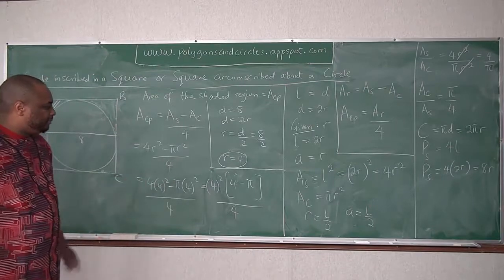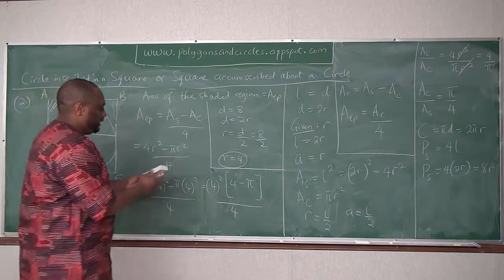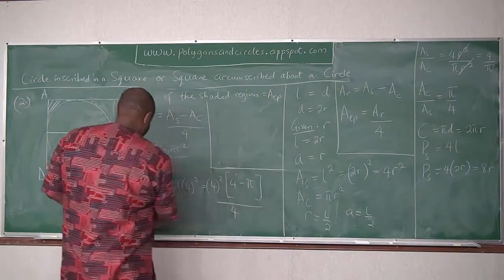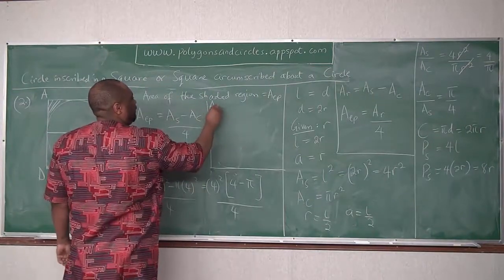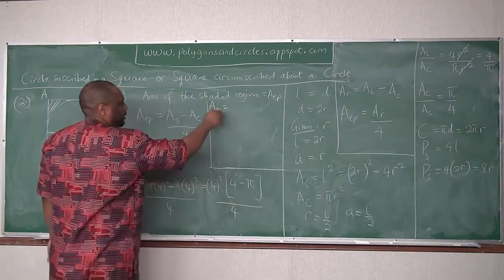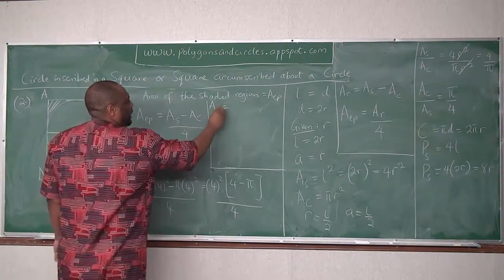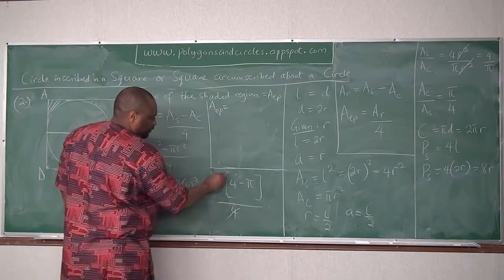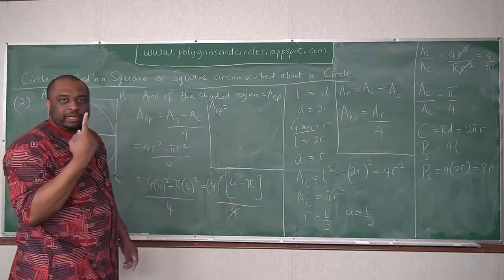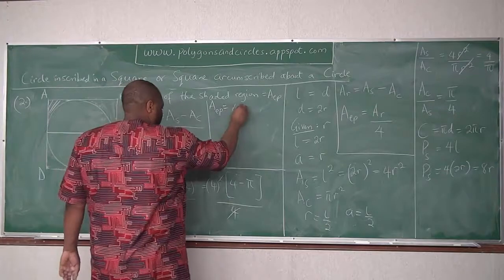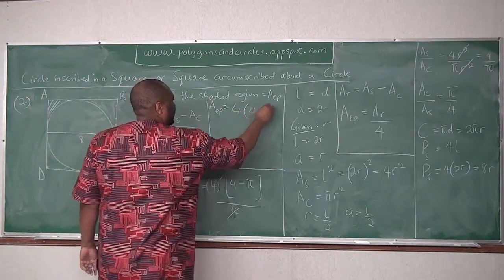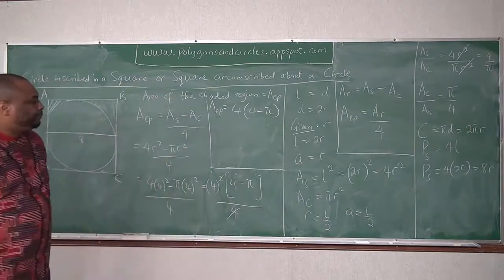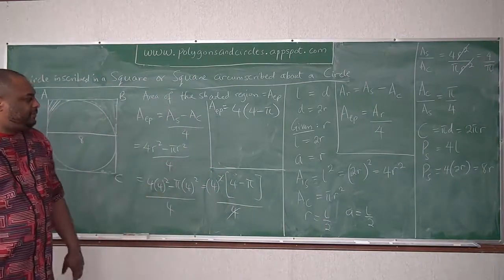Let me erase this so I can finish this up. So area of each part will now be, 4 into 4 squared will give us only 4, so 4 times (4 minus pi). And that's the answer.